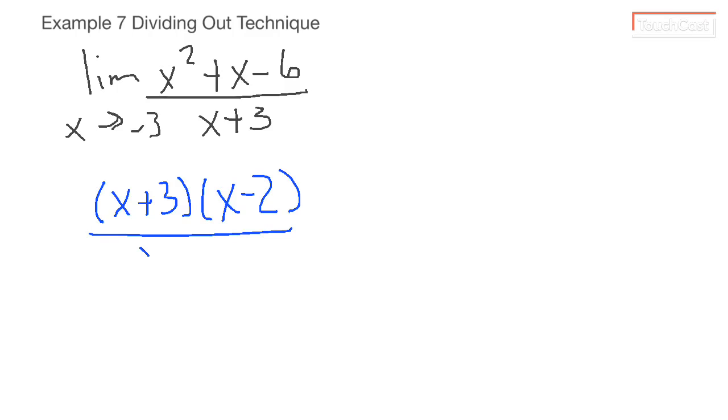And we can put that over our x plus 3. This is just a technique where we are finding another function that will agree with x squared plus x minus 6 over x plus 3 at all but the 1 point. Because here, we can now cancel out our x plus 3. So all we'll be left with is an x minus 2.